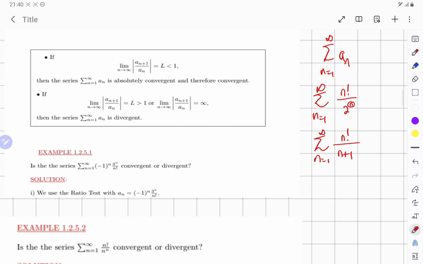So that is very important, factorials, or if we have n in our powers, we will use the ratio test.